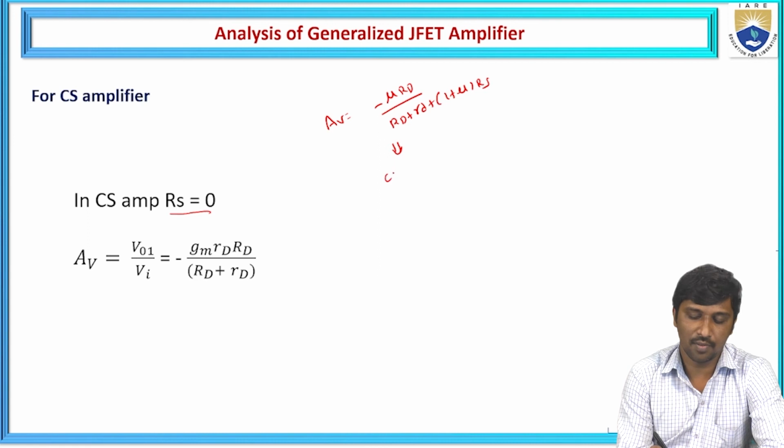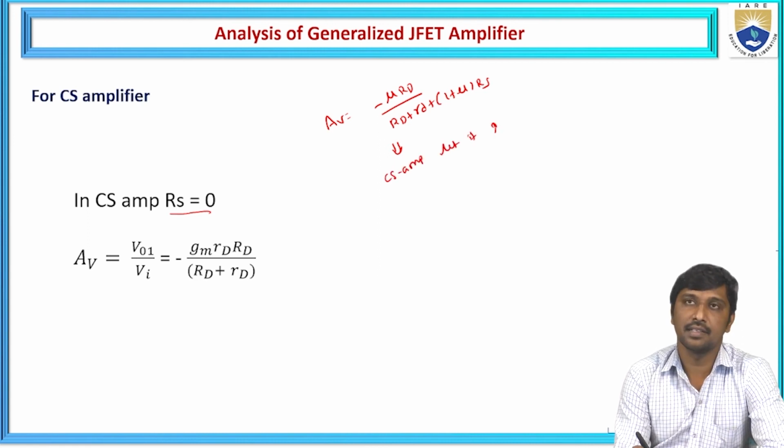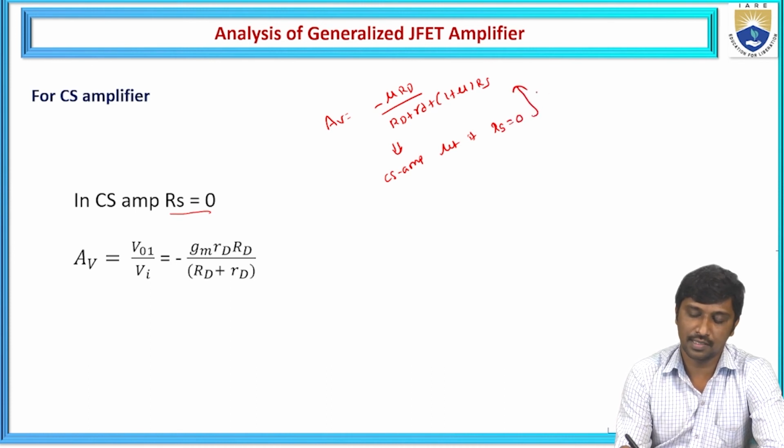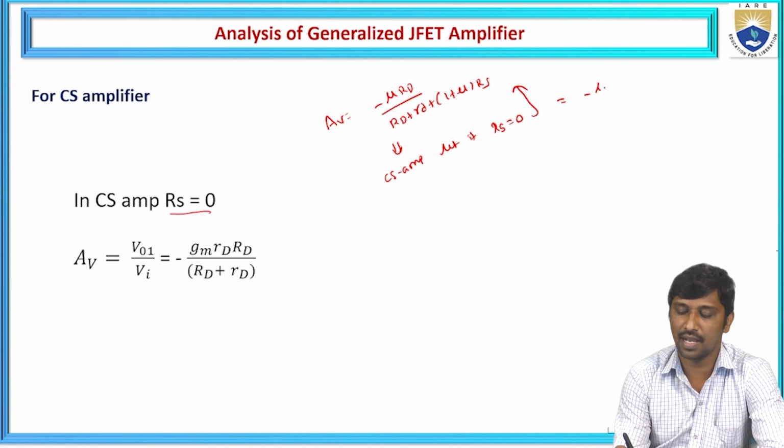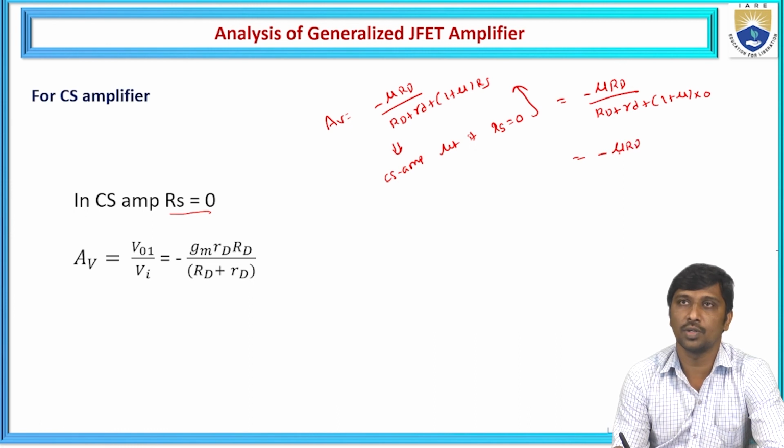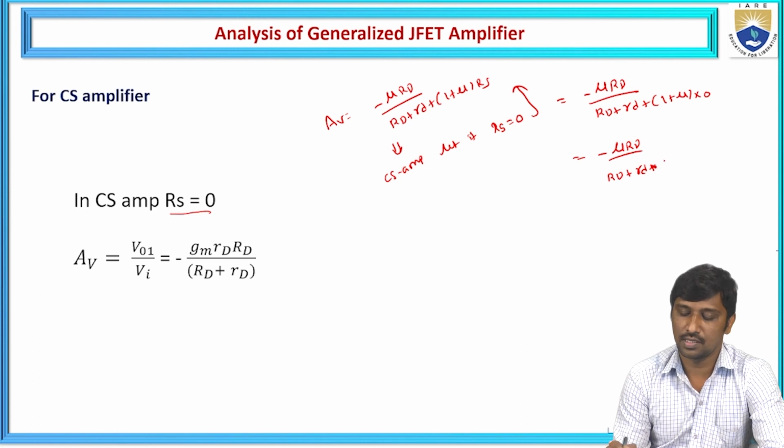But for this common source amplifier, if the source resistance is removed, meaning RS is equal to 0, what happens? This is minus mu into RD by RD plus small rd plus 1 plus mu times 0. Hence that is equal to minus mu into RD by RD plus small rd. So this is the answer.